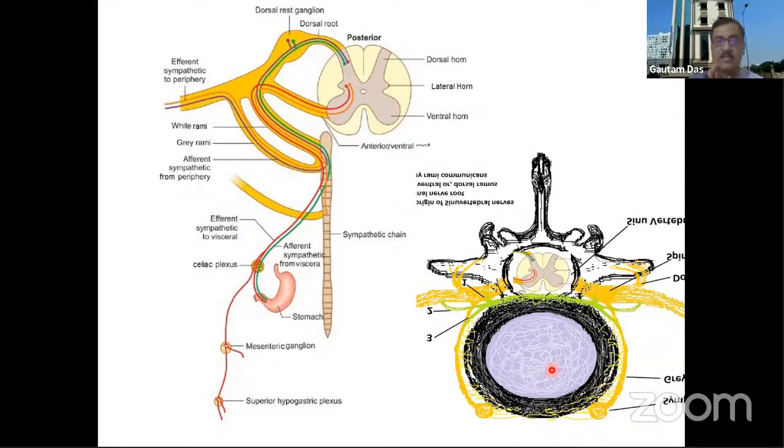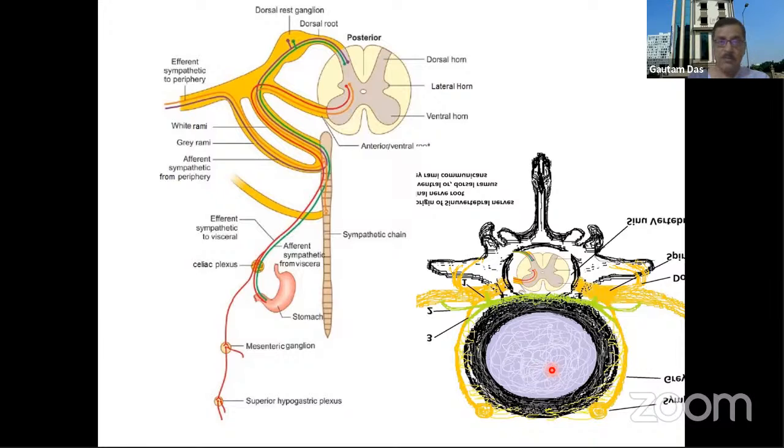So aging and degeneration, you have to remember, are two very important distinct processes. Aging is not pathological, and the second, degeneration, is a pathological process, and that involves the annulus. Which layers of the annulus? As I told, there are 15 to 25 layers of the annulus. It is the inner layers.